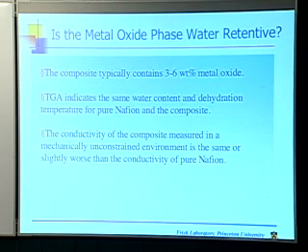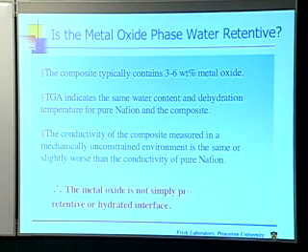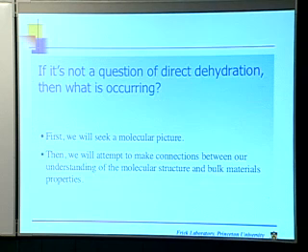And it doesn't change all that much, but there is a small change. And in fact, it turns out that outside the cell, the composite membrane is less conductive, to a small extent, than the material that's pure Nafion. So all of this argues that the concept that we're doing something good for the water is not quite right in terms of a direct interaction of the water.